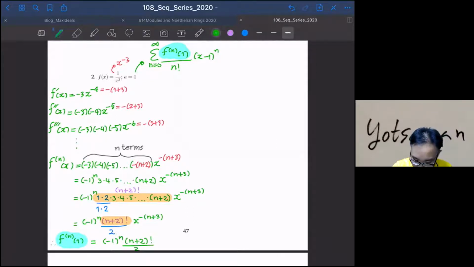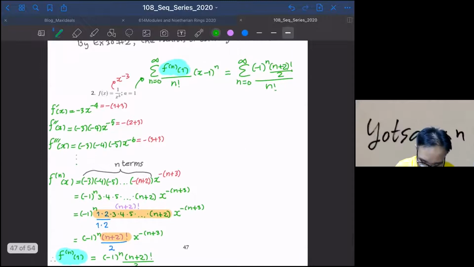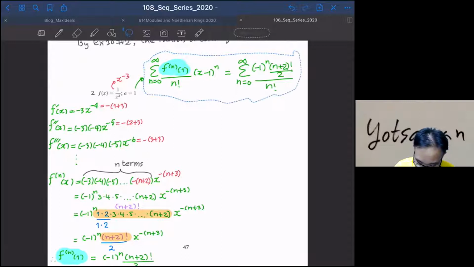So this is equal to the sum from n equal to 0 to infinity, and you plug into the formula -1 to the n, n plus 2 factorial over 2, over n factorial, and you have x minus 1 to the n. Okay, so let me move this one a little bit. I need some space.